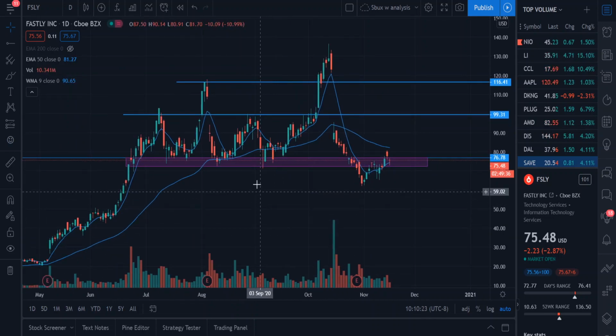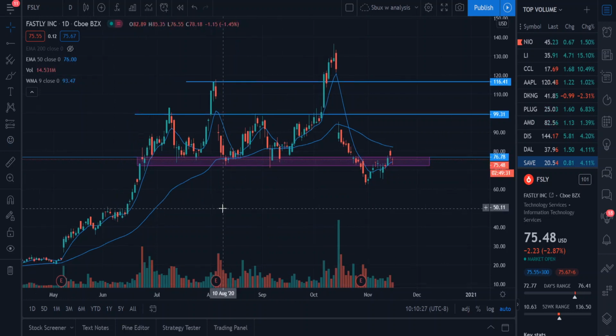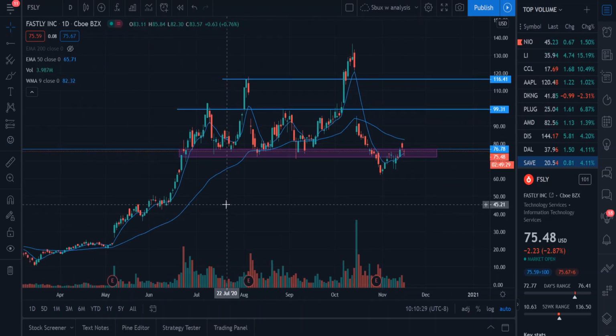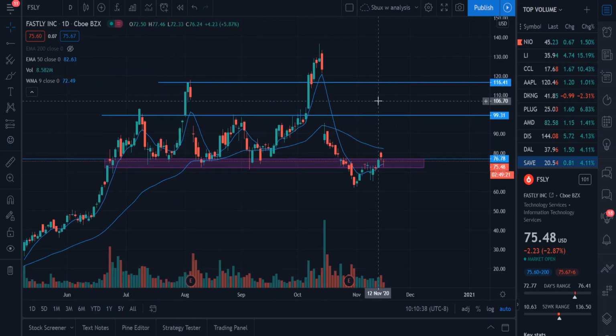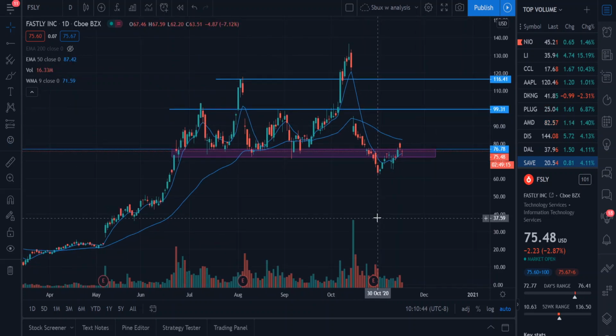So if you've been following the channel for a long time, you've seen these purple rectangles in the past when I'm trying to show you guys a key level for the stock to break in order for it to head back in the upwards or downwards direction. Now, when I was talking about AMD stock, I put it below the trend to show that if the trend was broken, if it came below the purple box, then that was going to be pretty significant to show a continued downtrend in AMD stock.